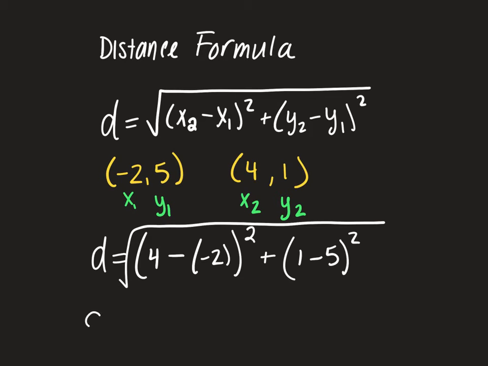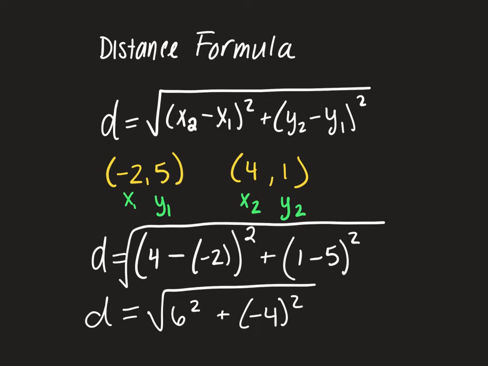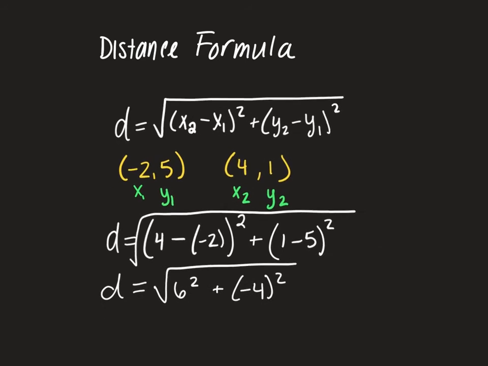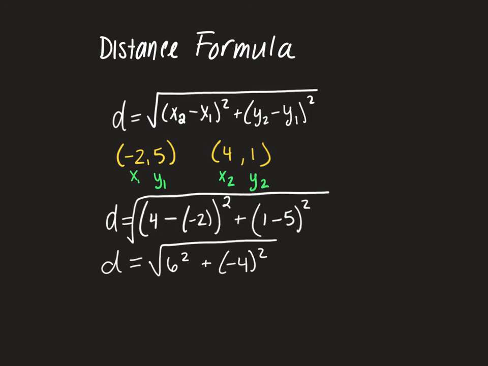So 4 minus -2 is like doing 4 plus 2, so that is 6. And 1 minus 5 is -4. Then we square those numbers. Squaring means multiplying it by itself. So 6 times 6 is 36, and -4 times -4 is 16.